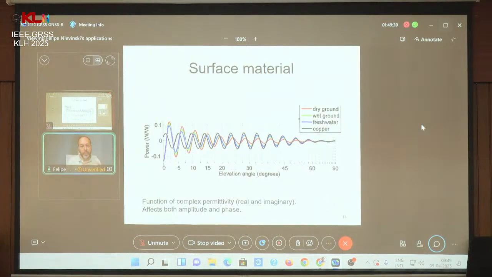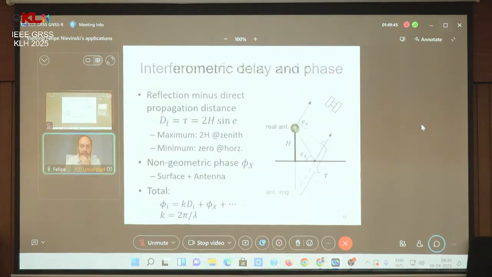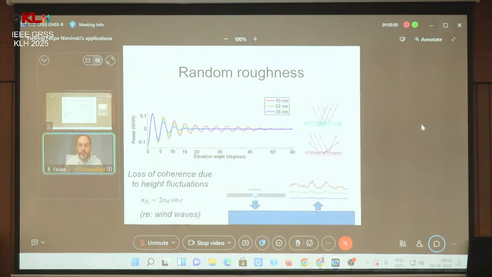And you get that the interference pattern is shifting because of that tiny phase component, the non-geometric component of interferometric phase that we go back here. So it is sigma x, which is driven by the polarization mixture, that will be a consequence of the surface composition.